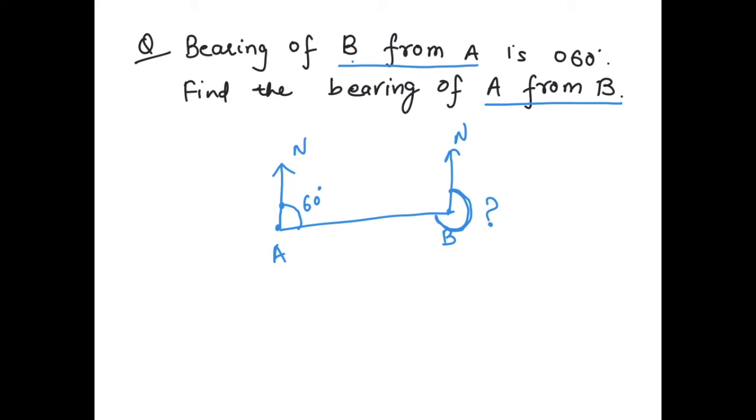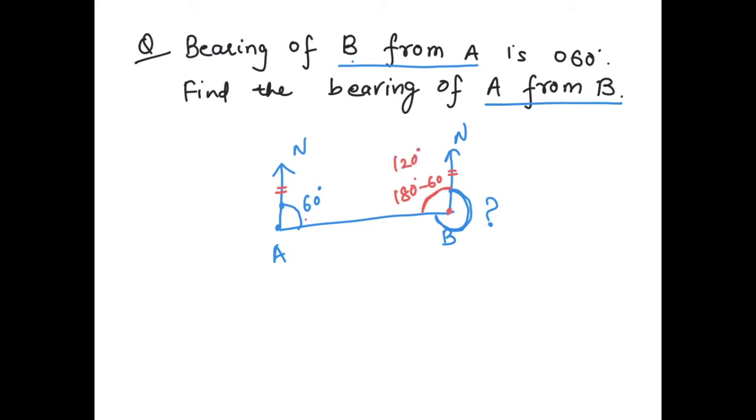So now we know that these two lines are parallel. So this angle and this angle, if you add, they are internal angles between the parallel lines. So the sum of them should be 180. So this will be 180 minus 60. So it will be 120.